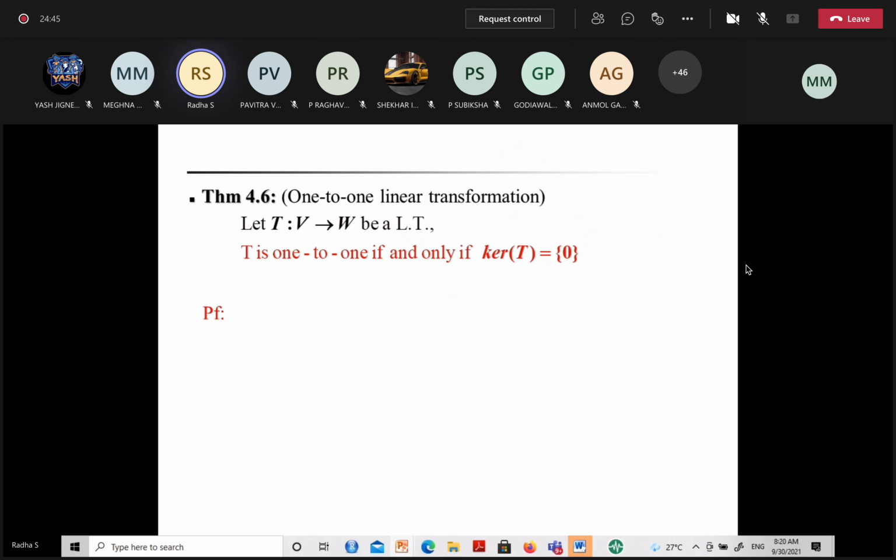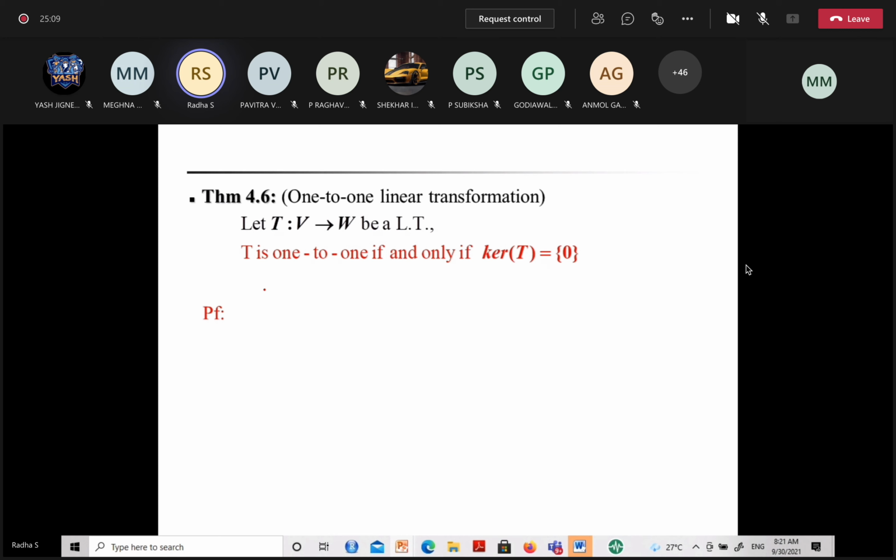So that's it. Okay. So here, very important, 1-to-1 linear transformation. Let T be a linear transformation from V to W. This proof is not necessary, just for the sake of understanding I'm saying. T is 1-to-1 if and only if ker T is 0.